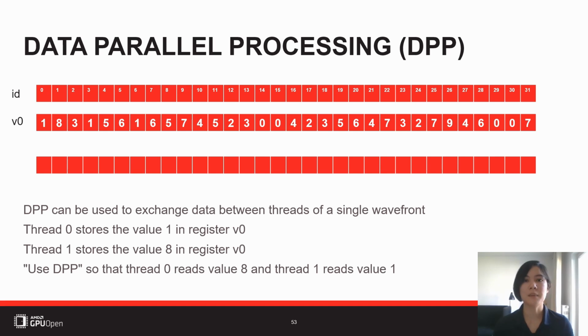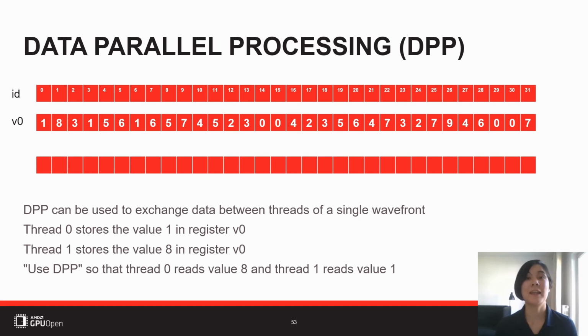In this example, the threads within this wavefront have stored the individual values in a vector register. In this example, it's V0. So for example, thread 1 stores the value 8 in V0, and thread 0 stores the value 1 in V0.